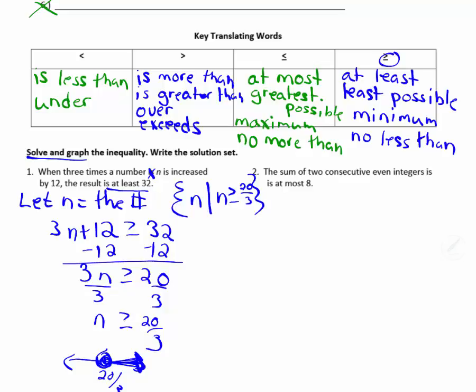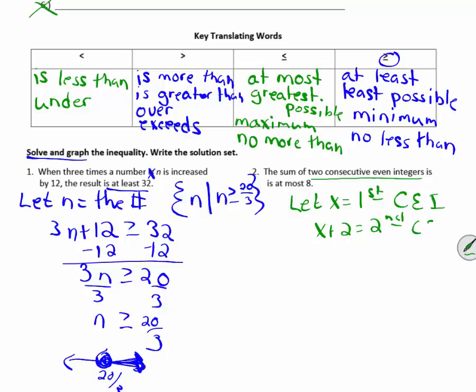All right, number 2, the sum of 2 consecutive even integers. So that's kind of reviewing a little bit from before. So we're going to let x equal the first consecutive even integer. x plus 2 is the second. The sum, so x plus x plus 2, is at most, so at most is going to be less than or equal to 8.